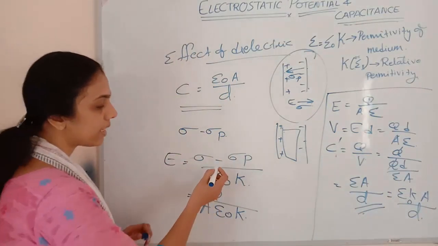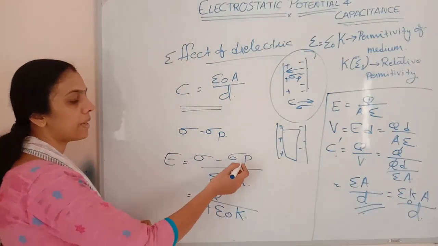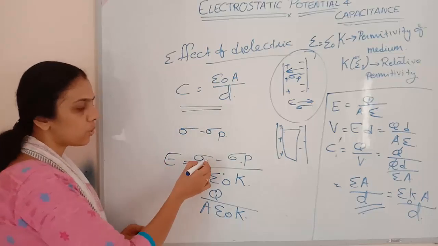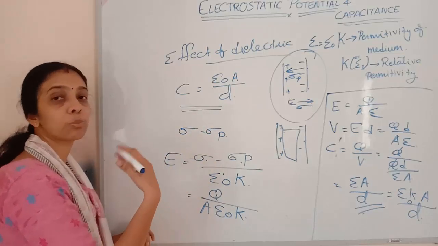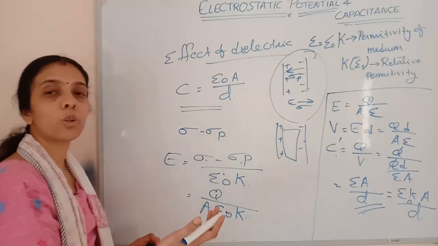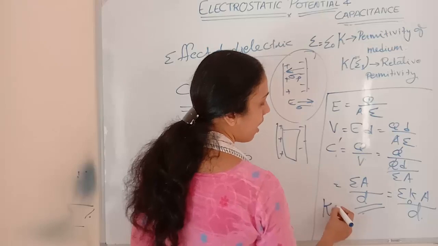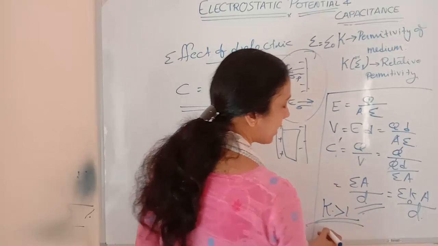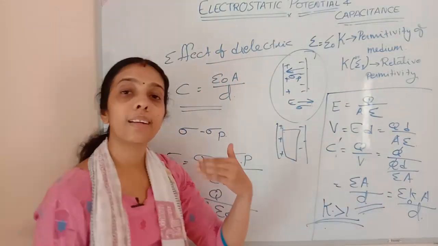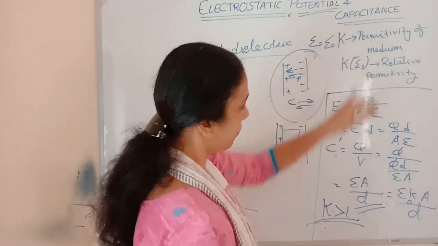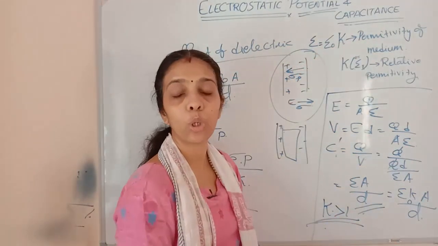Okay, so from here itself we can understand. Sigma minus sigma P is always a positive quantity, right? So K will be a value which is always greater than 1. While we are considering vacuum, the K value will be equal to 1.